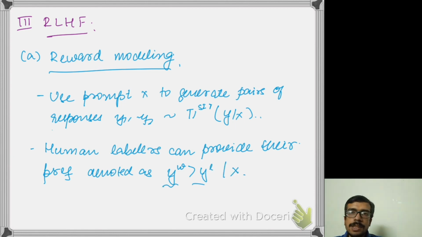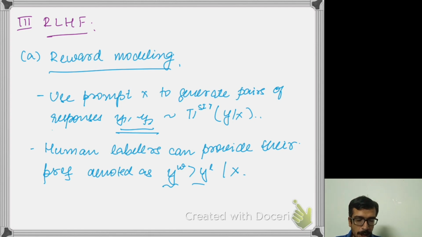So by win and lose, I mean that I'm indicating the response which is labeled higher as the winning response and the other response is the losing response. So between y1 and y2, one of these is going to be labeled higher than the other one. And the human labelers are not providing any set of scores. They are only comparing these two responses.